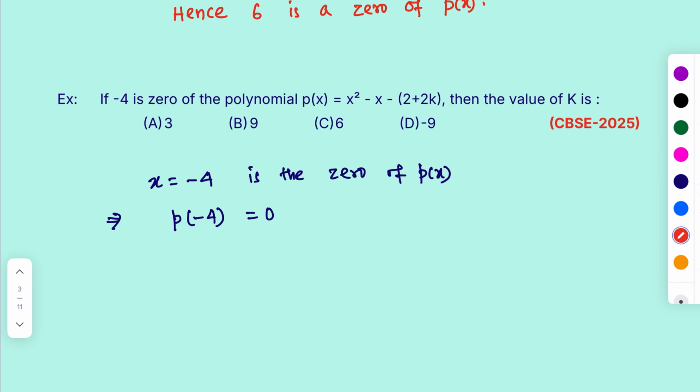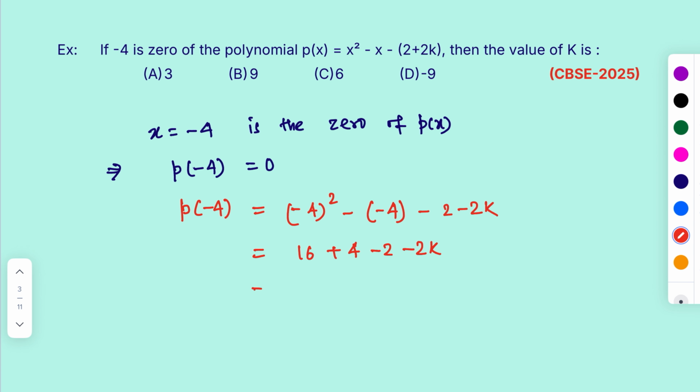So we have to put x is equal to -4. So p of -4 we can write as (-4) whole squared minus, in place of x we will replace x by -4, -2 -2k. So this will be equal to 16 plus 4 minus 2 minus 2k, or this will be equal to 20 minus 2, that is 18 minus 2k.